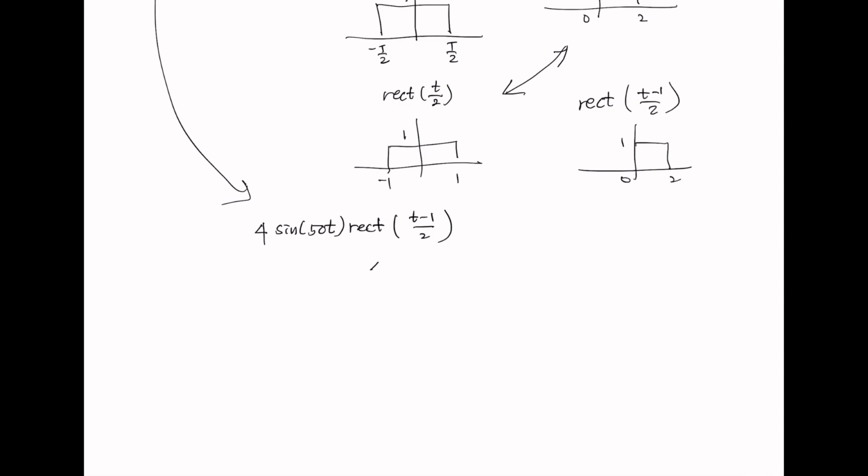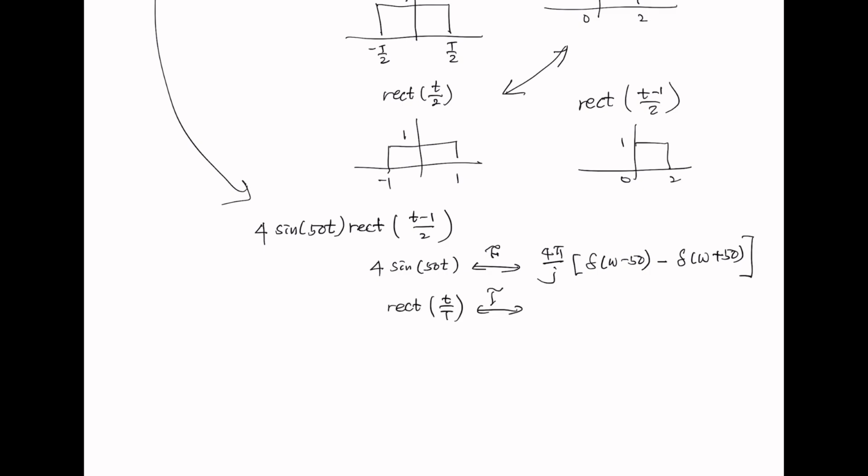Now we know for sine 50t, the Fourier transform of that is 4 pi over j times delta omega minus 50 minus delta omega plus 50. We have rect t over big T, that is from the table, that'll be big T sinc omega big T over 2.